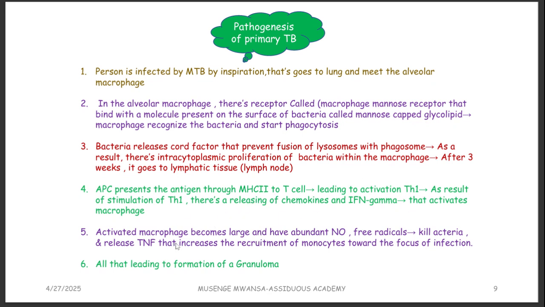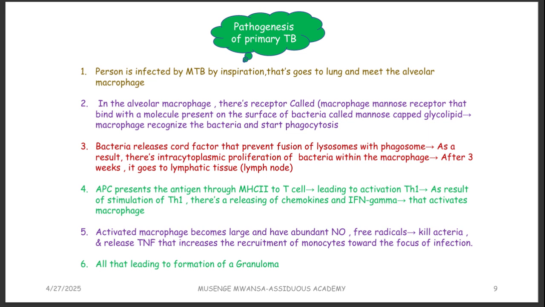The activated macrophages will become large. They have got a lot of nitric oxide and free radicals. So this nitric oxide and free radicals will end up killing the bacteria, and they release the tumor necrosis factor. Tumor necrosis factor, again, will increase the recruitment of the monocytes. You know, it's from the monocyte that macrophages come from.